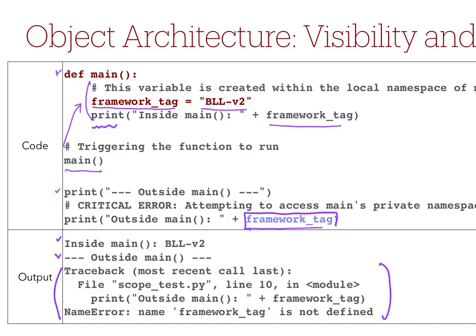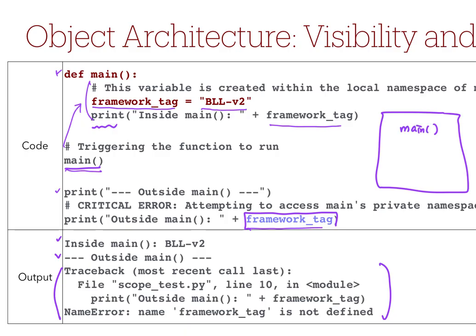So if you define any variable within a certain function, that variable will exist only within that function. When I call that main function, in your memory there is some region for the main function.